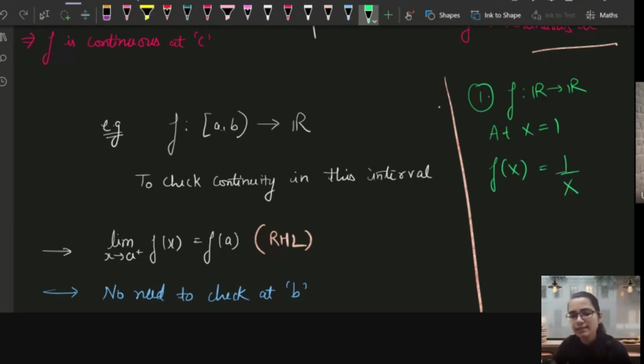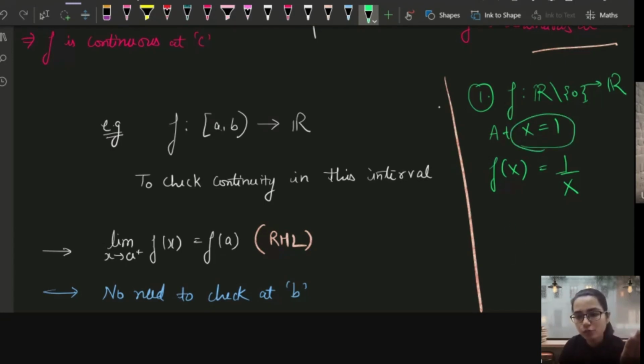So you say yes. Sorry, I should define this function on the domain R minus 0. So you will say that this function is continuous at x equal to 1. But you will check for 3 conditions because x equal to 1 is a limit point of the domain.